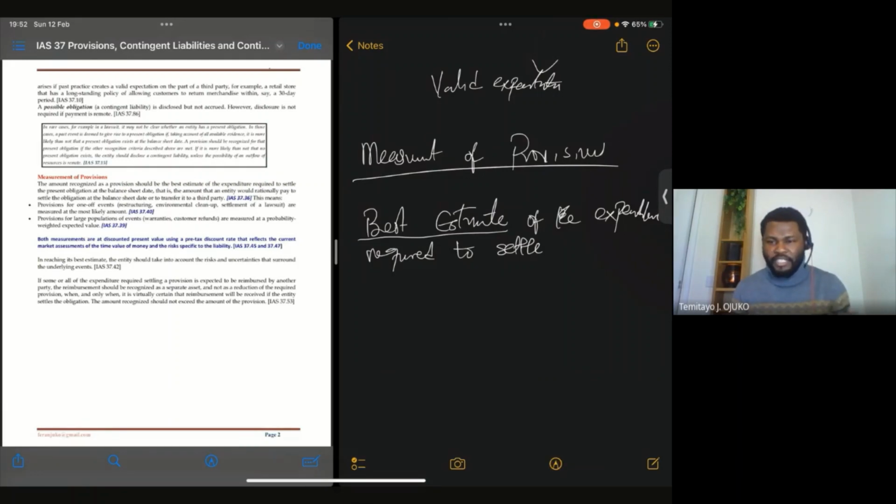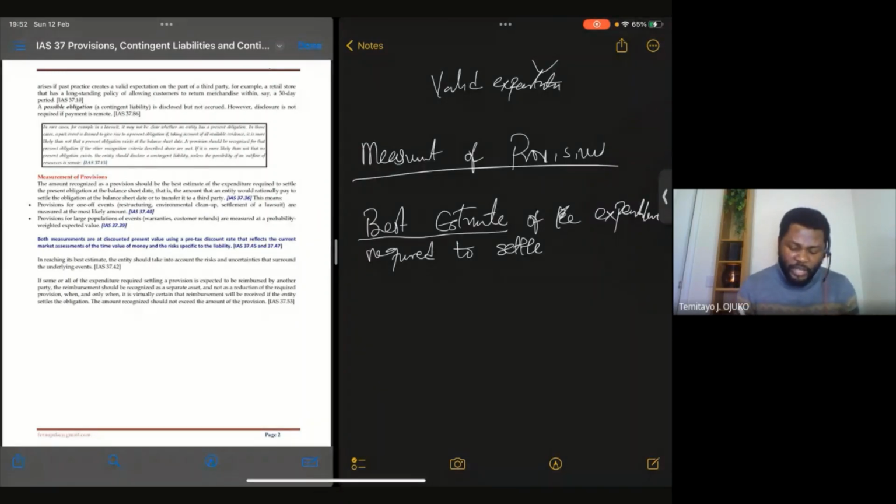These are estimates. And in IAS 8, we've learned that estimates can always change over years and it should be done prospectively. So these are estimates. Don't forget that. Best estimate of expenditure required to settle the present obligation. That is the amount that will rationally be paid to settle the obligation at the reporting date or transfer to a third party.